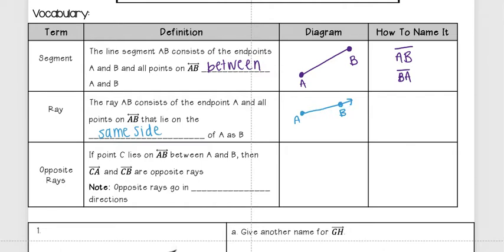So this is what we call a ray. And if I were to name this one, I would say AB, and then I put a ray on top.